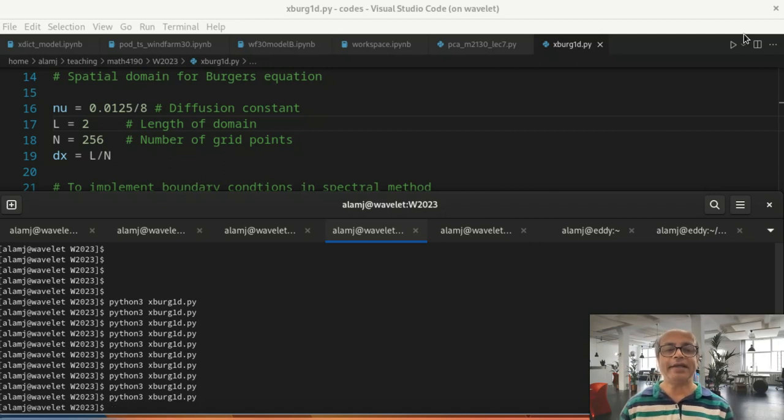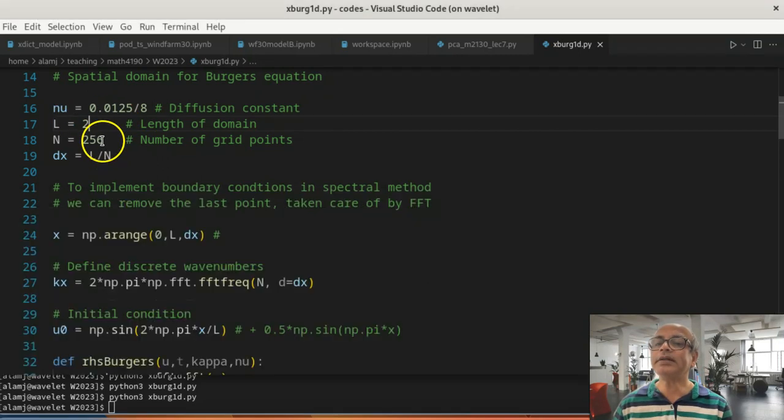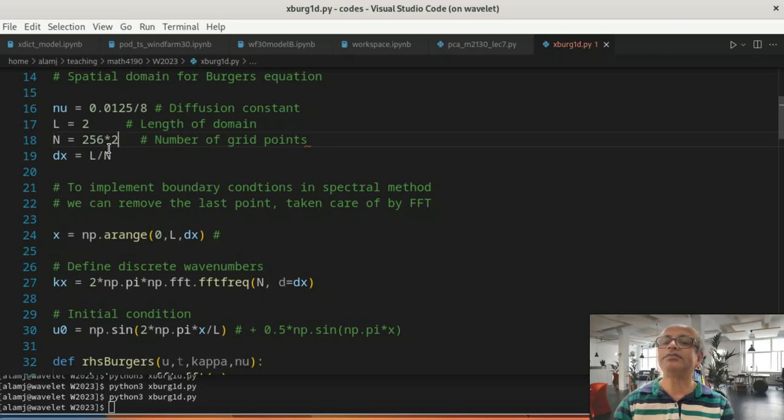So when the Reynolds number is large in fluid mechanics, we know that the advection term is dominant. Now the code will be slow. I have on line 18 256 grid points. So I multiply this by 2.